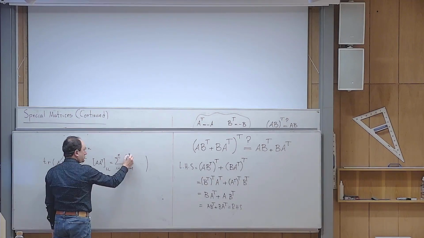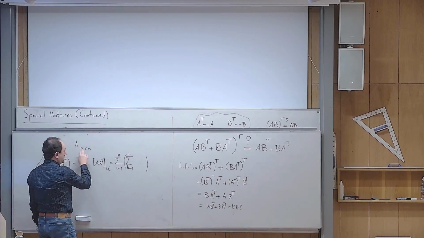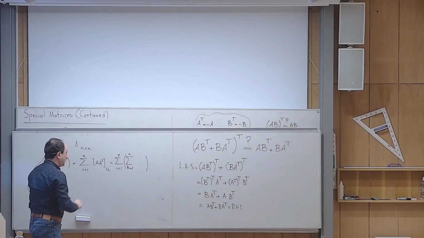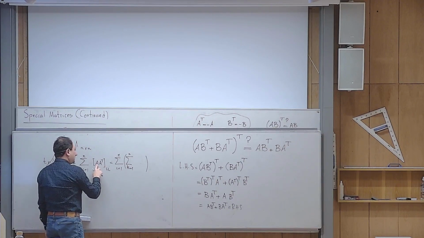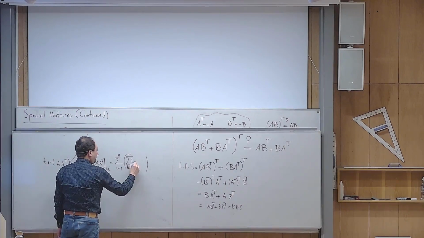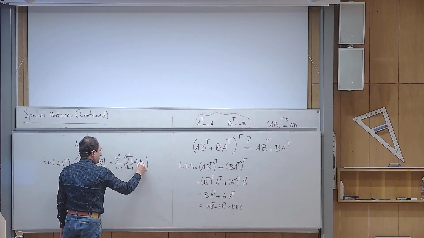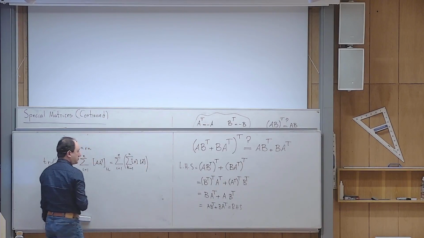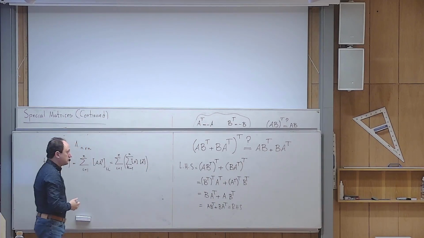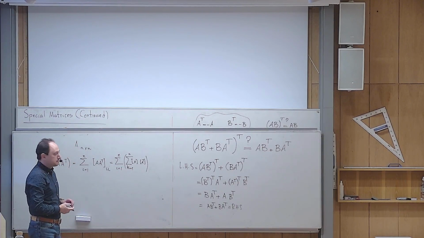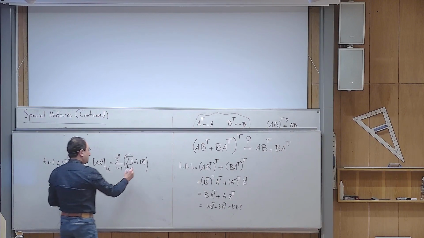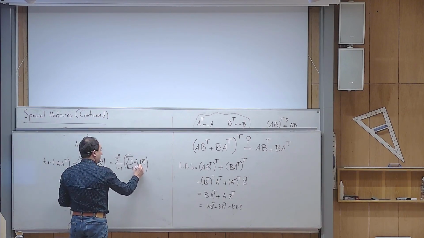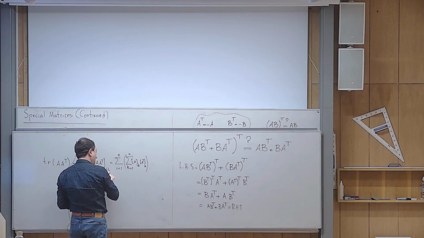It goes from 1 to n, because this is a square matrix, all of them are n. And then I take this matrix A, I take this second matrix, but then I need to fill up these indices. So what are the indices for the first one? It was ik. What is it for the second one? ki, which is k, then i, yes, exactly.